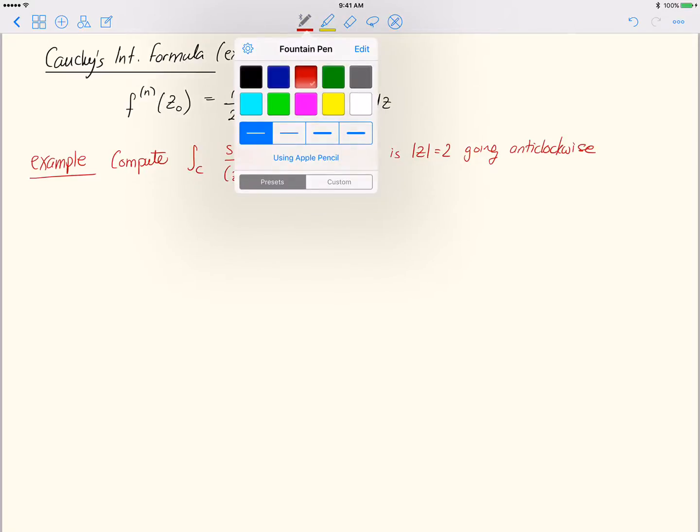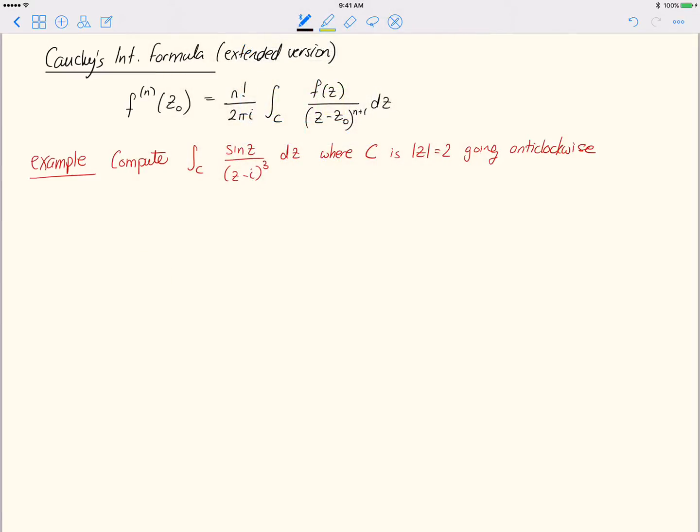Okay, so similar to what we had before, I draw my complex plane. I've got a circle of radius 2, and C is going counterclockwise. And the idea here is, I think in this case it's sort of clear what we need to take our interior point to be, right?